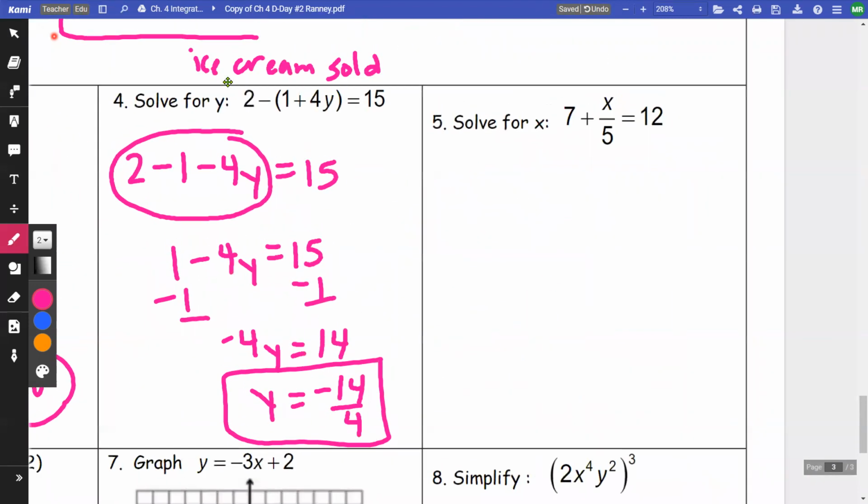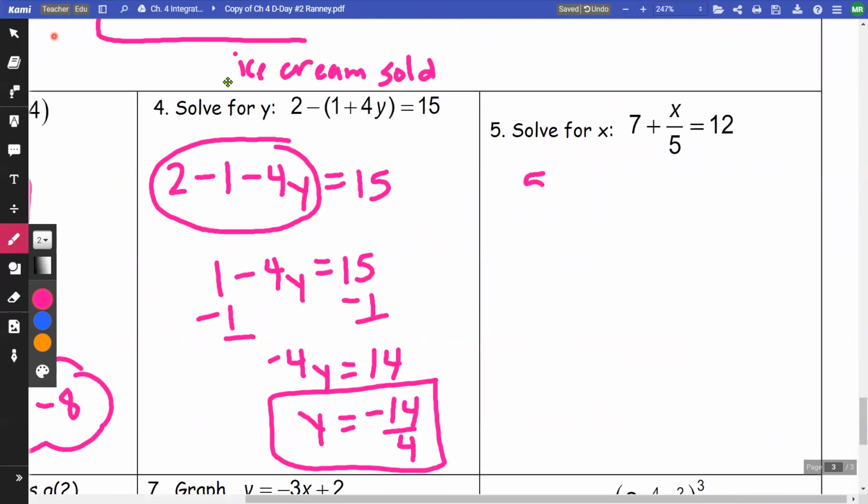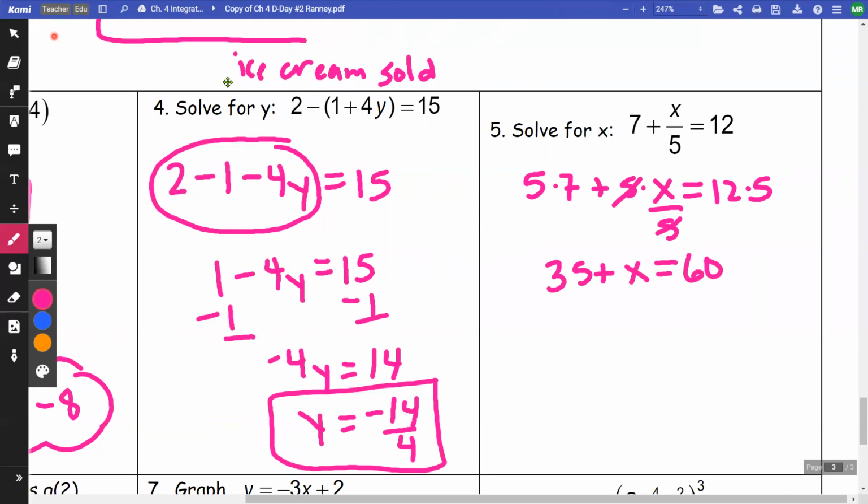On number 5, I probably would fraction best this, times everything by 5. And when I times everything by 5, this 5 and this 5 are going to cancel out, and I get 35 plus x is equal to 60.